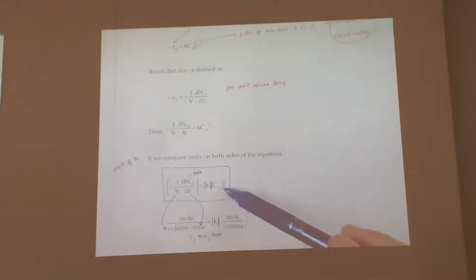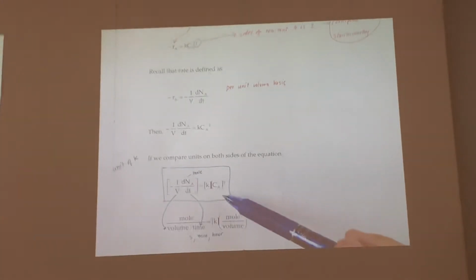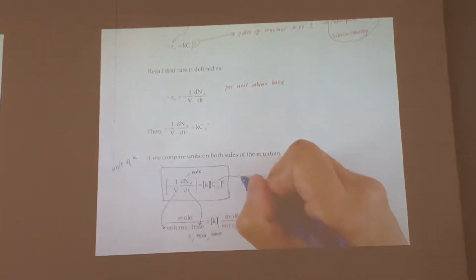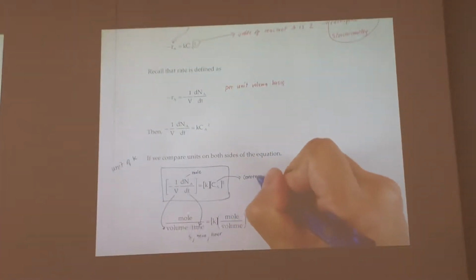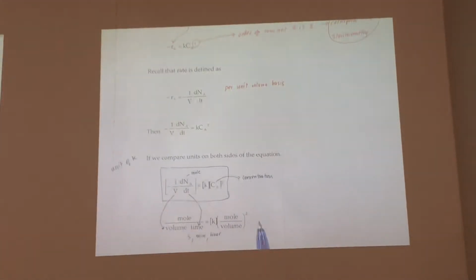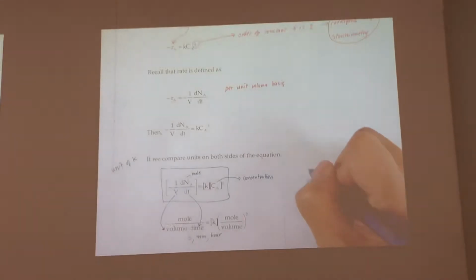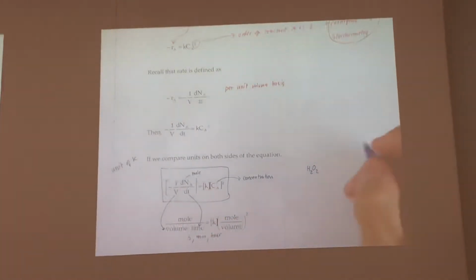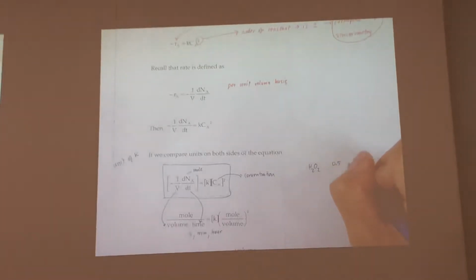And for this CA squared, CA represents concentration. This concentration is obviously mole per unit volume. For example, in our practicals, the H2O2 we use is 0.5 molar. I try to link with what you actually experienced before, so that you can connect the thing better.